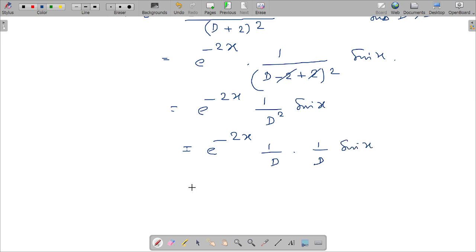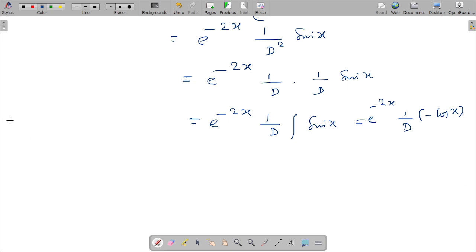In the next step, that 1 by d becomes the integration over sin x, which can be written as e power minus 2x into 1 by d of minus cos x.